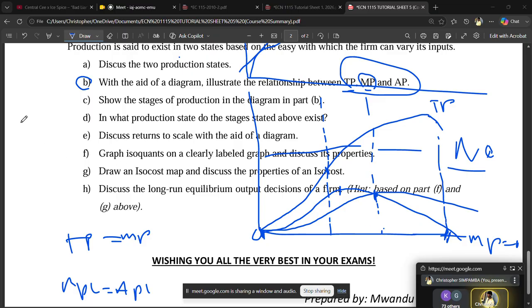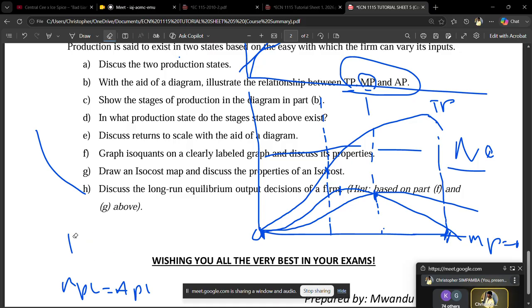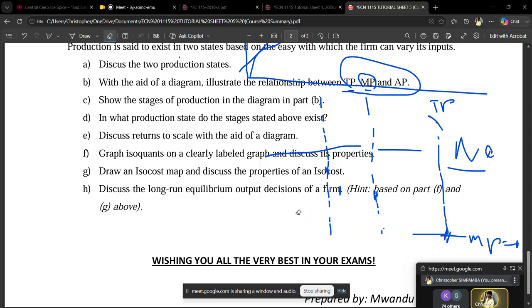Oh, you mean those graphs that we were drawing, where increasing is like that, constant is something like that? Okay. No, these graphs are only going to help you when we're talking about returns to scale. So when you're told to explain returns to scale, and then you graph each return to scale on a graph, that's when you use those graphs.